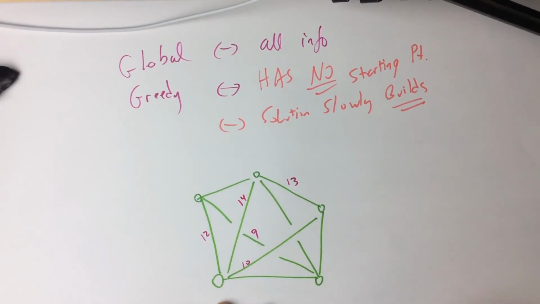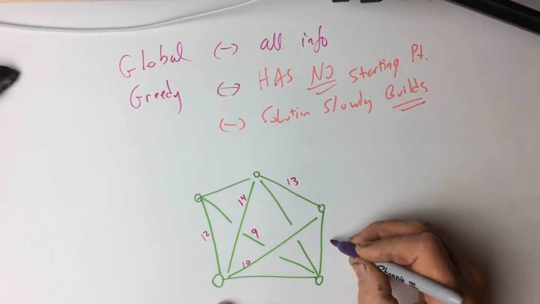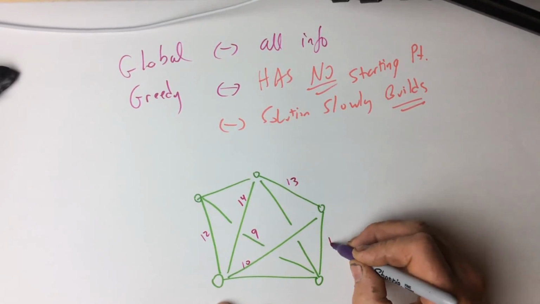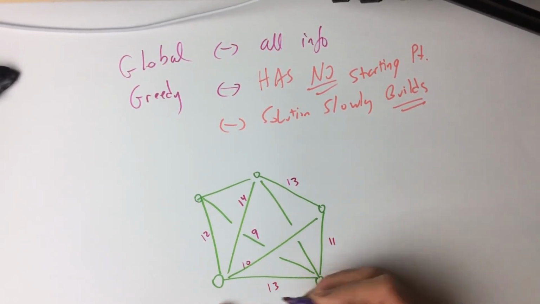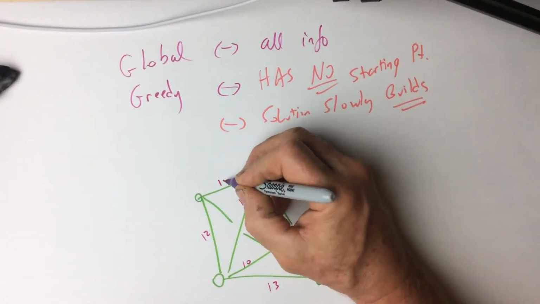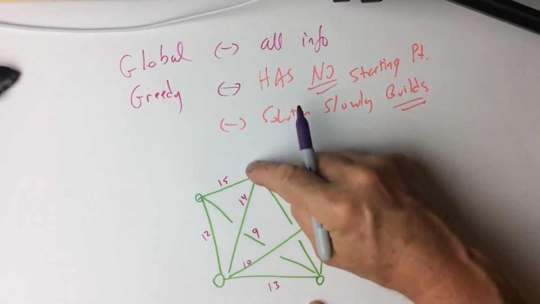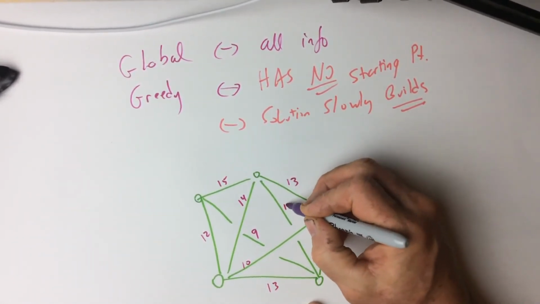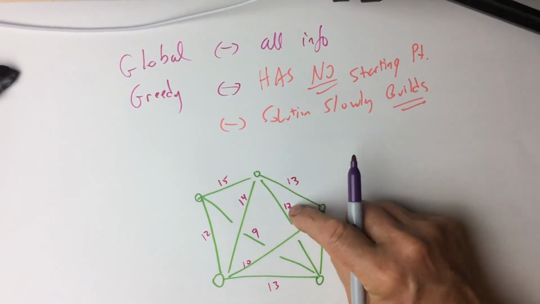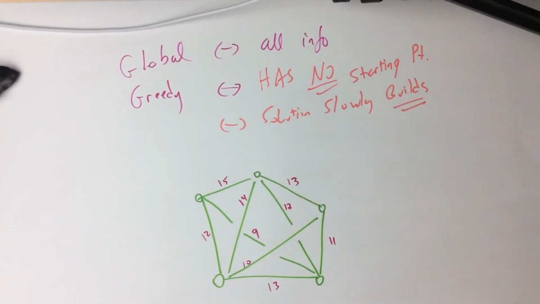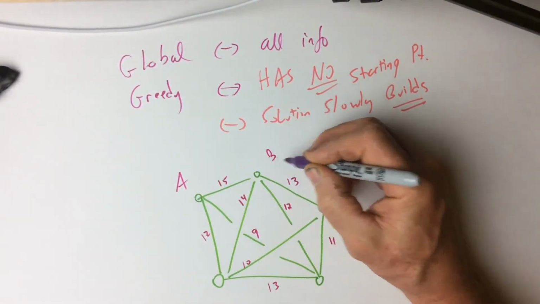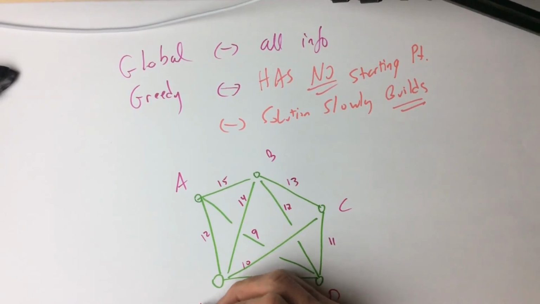And then we'll put in an 11, another 13, and a 15. So let's see, didn't get this one. I'll make this one another 12. So I've got 1, 2, 3, 4, 5, 6. Yep, I've got all the edges now. So I need to give the vertices names. That'll help me. A, B, C, D, E.